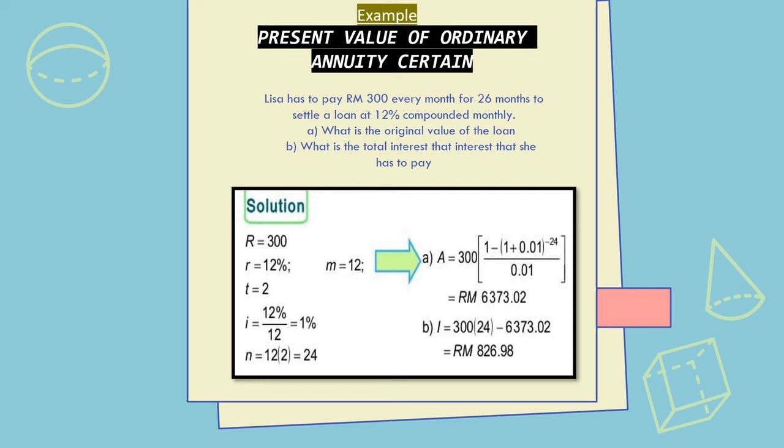Then for the formula of n, we get it from m multiplied by t, so we get 24.